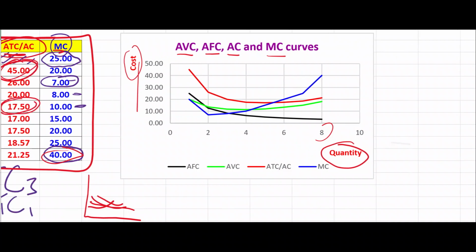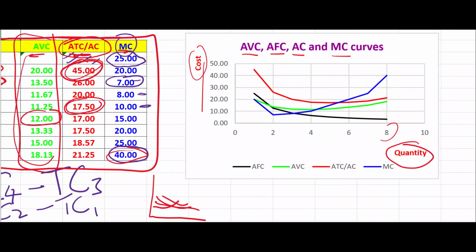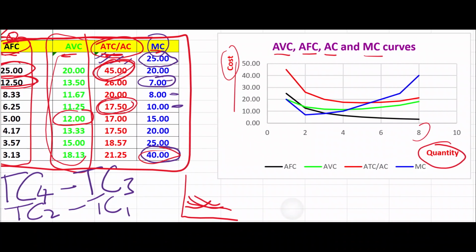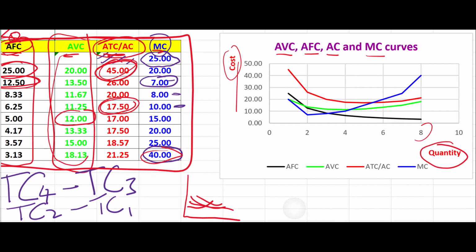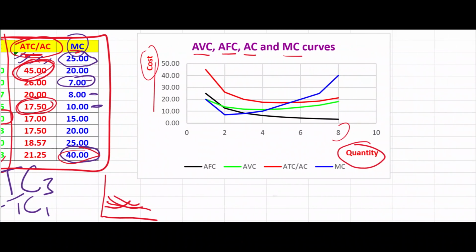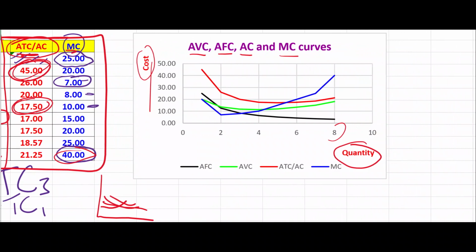I've colour coordinated it, so you can see the green one there is the AVC. The blue one is marginal cost. The black one is the average fixed cost. So just to go through the logic of each of these, what's happening here. With average fixed cost, there's the first one. That continues to fall with output, because fixed cost doesn't change.